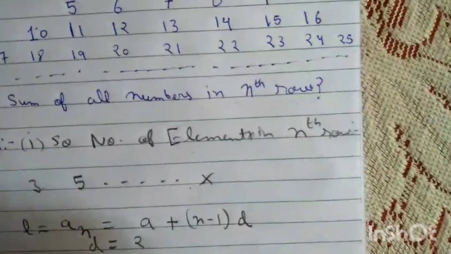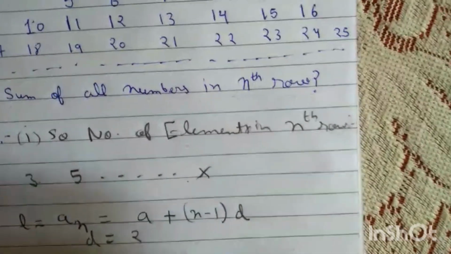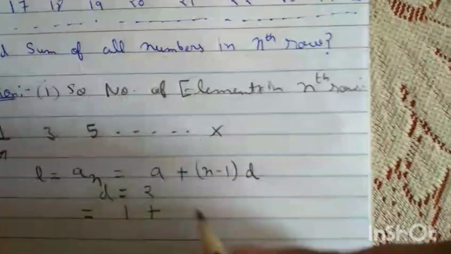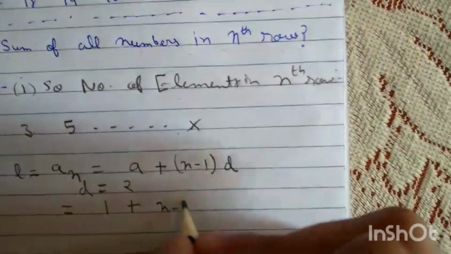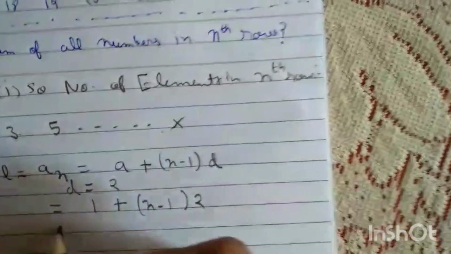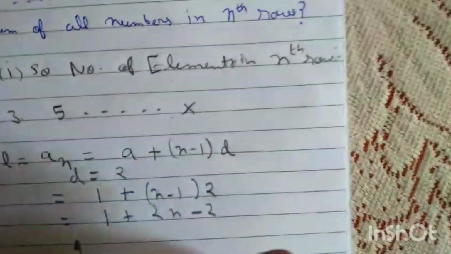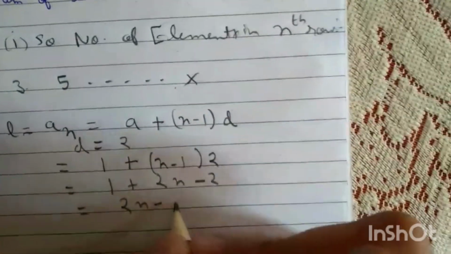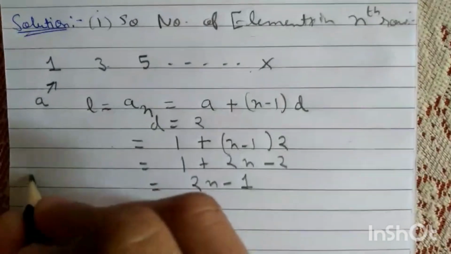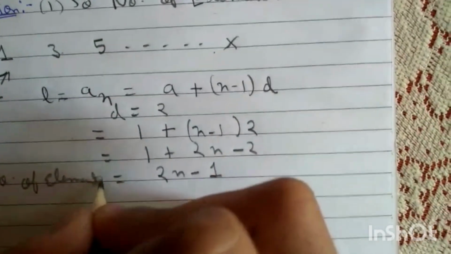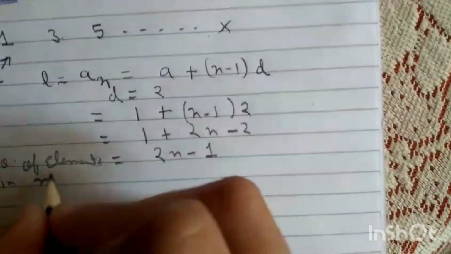So the number of elements will be the first term, that is 1, plus n minus 1 times d, that is 2, that is 1 plus 2n minus 2, that is 2n minus 1. These are the number of elements in the nth row.